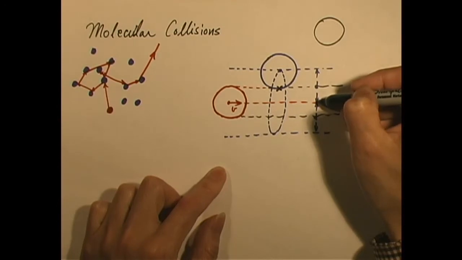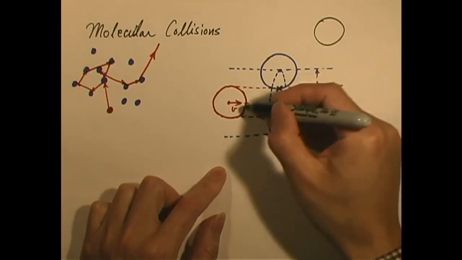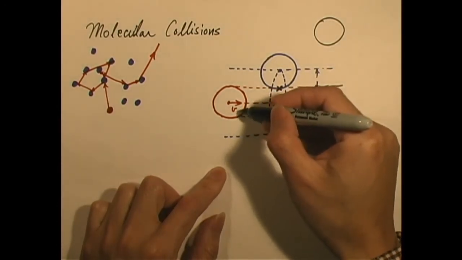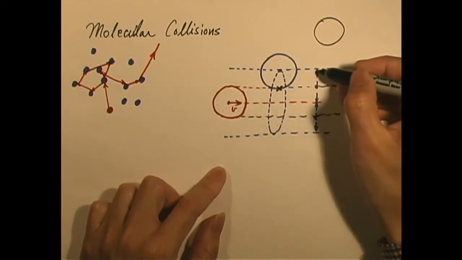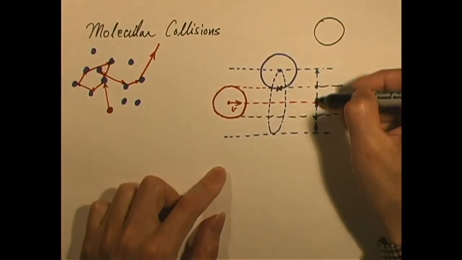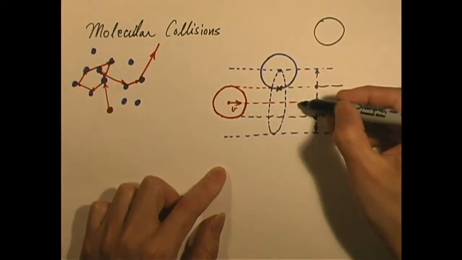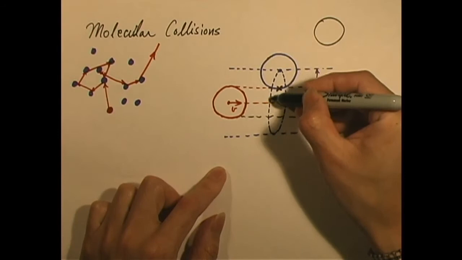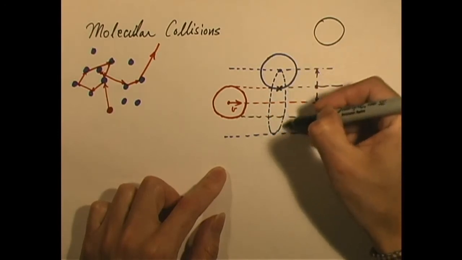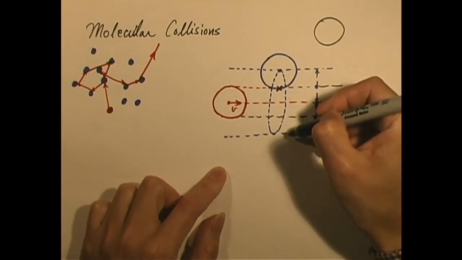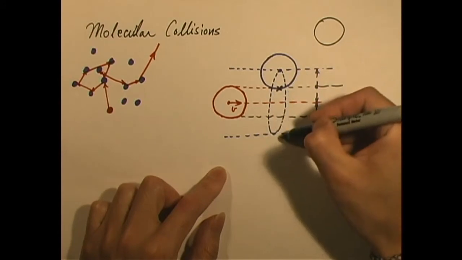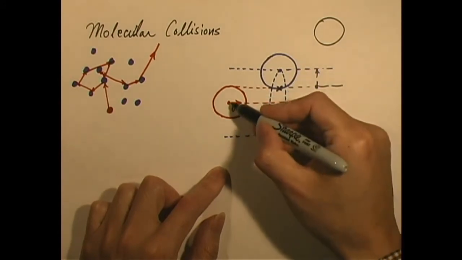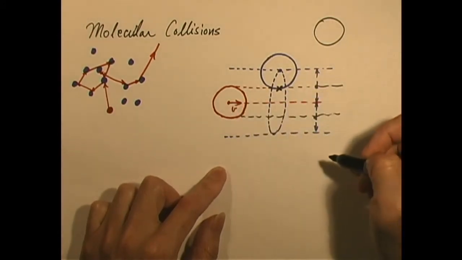So for another molecule to be in the path of collision with this red molecule, the center to center separation cannot be more than d. Which means as this molecule passes through, imagine there's a cylinder of radius d, d being the diameter of each molecule. The centers of other molecules must be within this cylinder in order to be in the path of this molecule, in order to have a collision with this molecule.